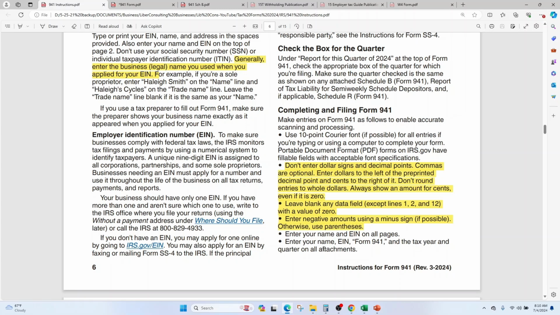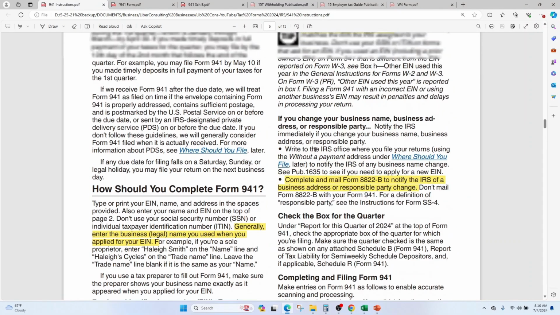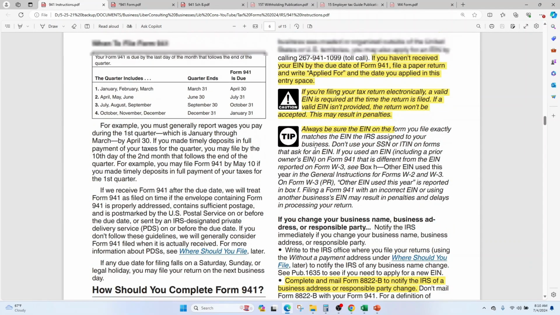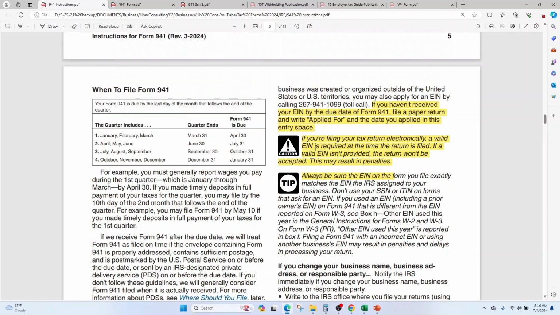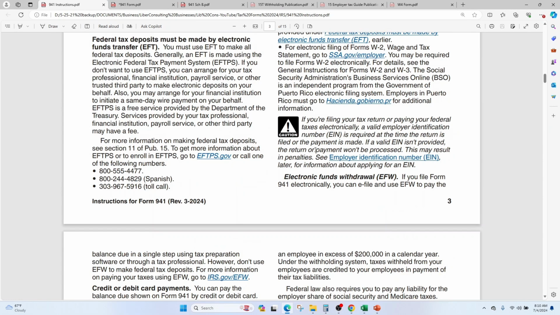You need to put your business name on all the attachments that you are adding. So when you are filing a final return, it'll be good to put that information at the top of the attachment. And also you can specify the information you are providing.